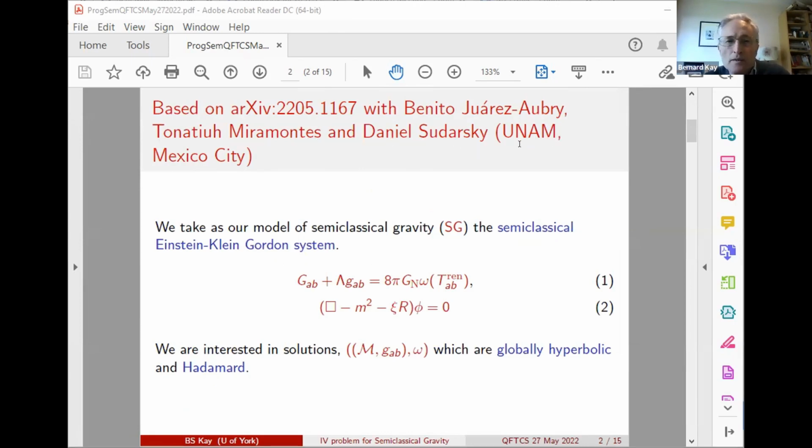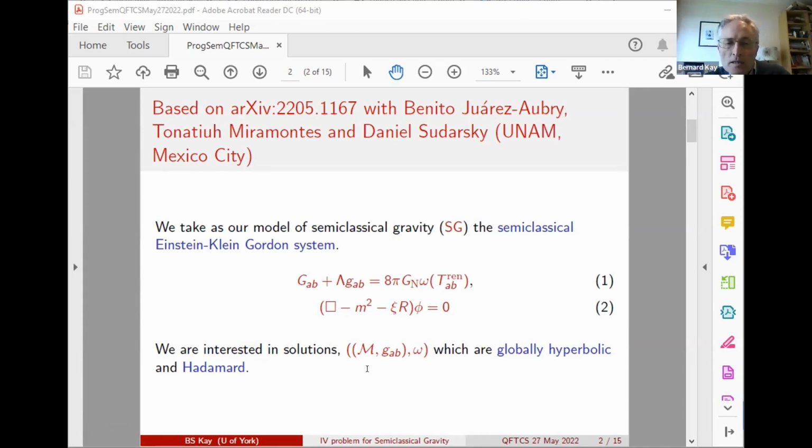in Mexico. So we take as our model of semiclassical gravity the semiclassical Einstein-Klein-Gordon system, as shown here, and we're interested in solutions.